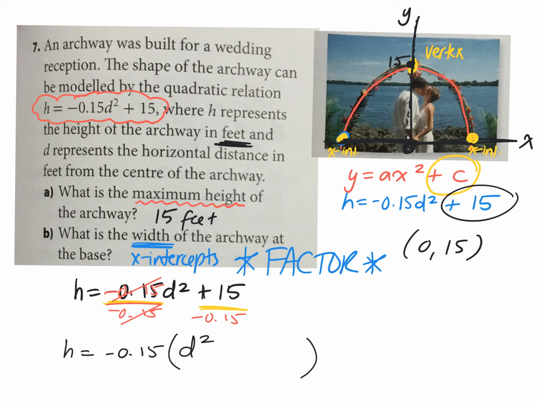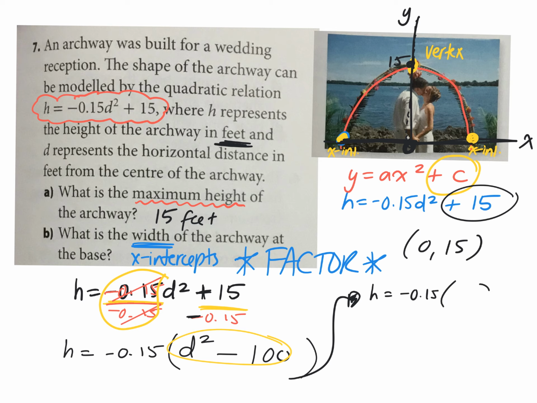Now we're dividing positive 15 by negative 0.15. Positive divided by negative is a negative. It's negative 100. Is that a difference of squares now? Can you factor this more? Difference of squares. So I'll write it over here. So we have two things that multiply together.